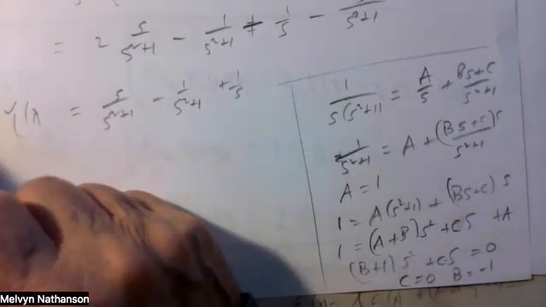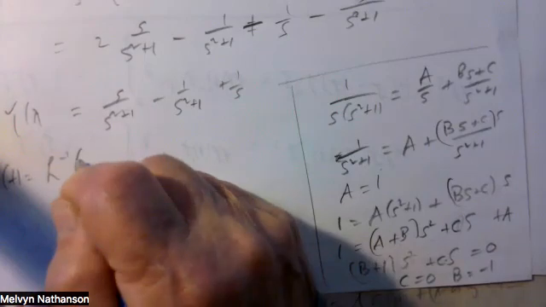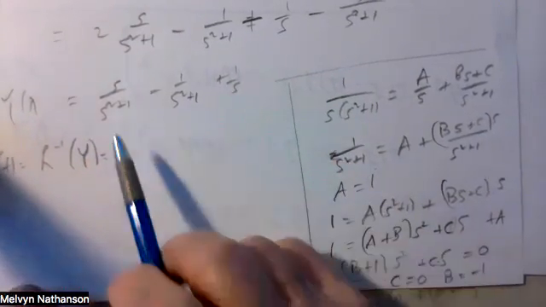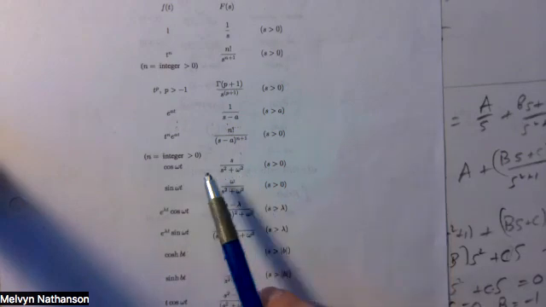So the Laplace transform of y is equal to this. So y of t is the inverse Laplace transform of y of s. What is the inverse Laplace transform of s over s squared plus 1? Again, we look at our table. For s over s squared plus 1, let's let omega equal 1. That's cosine of t.